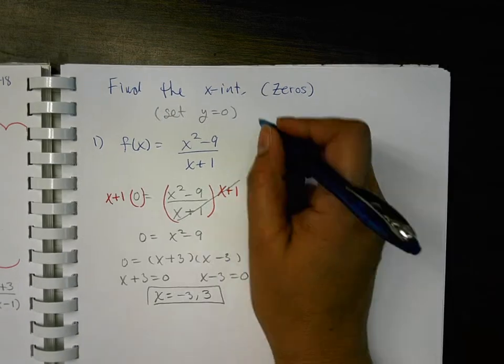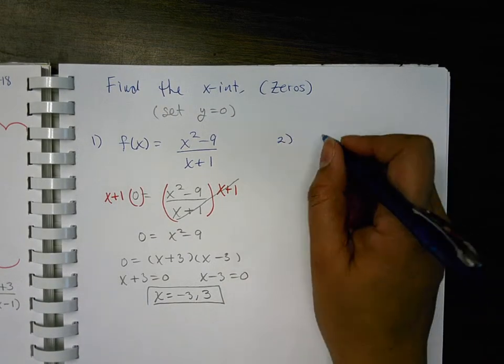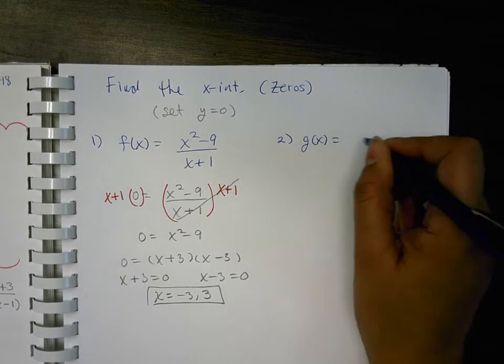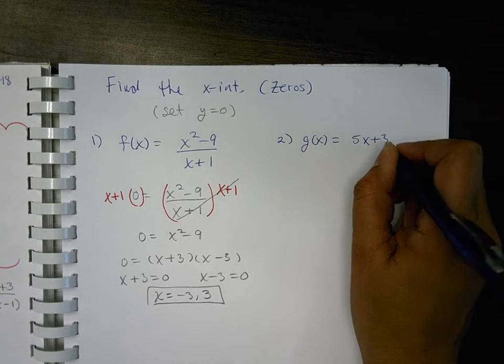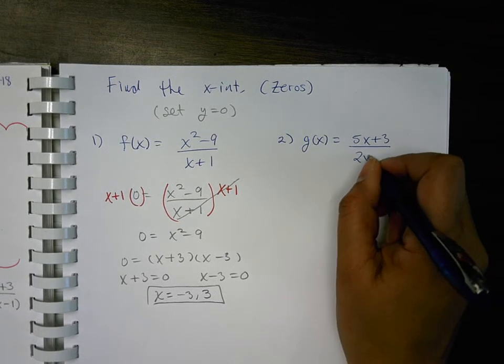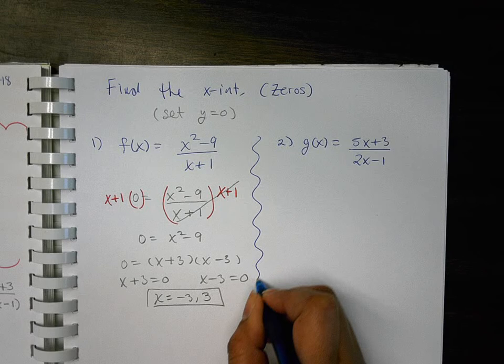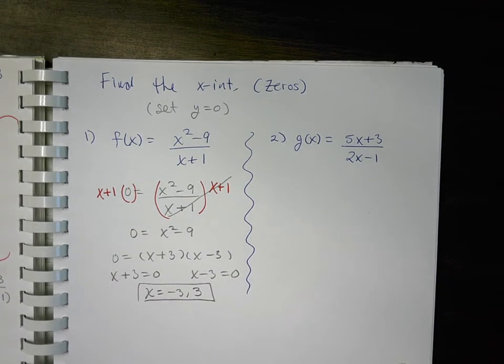Okay, number 2. g of x equals 5x plus 3 over 2x minus 1. Go ahead and try that one on your own.